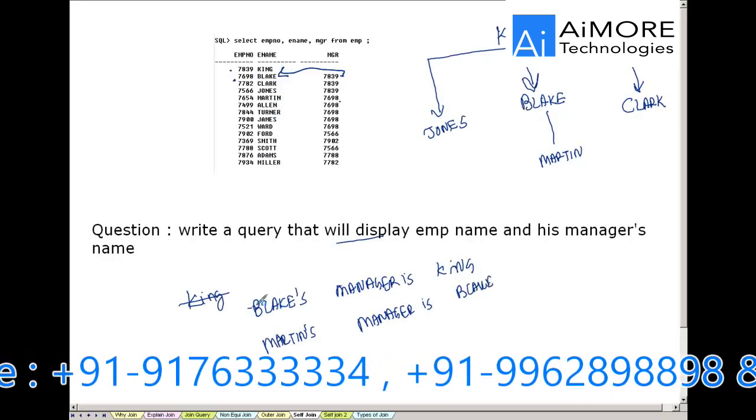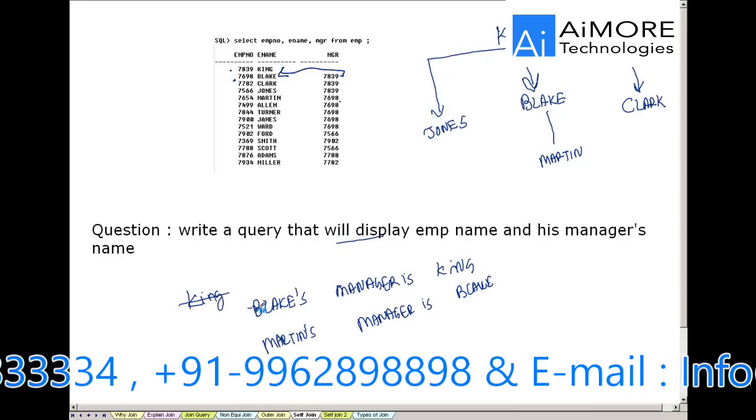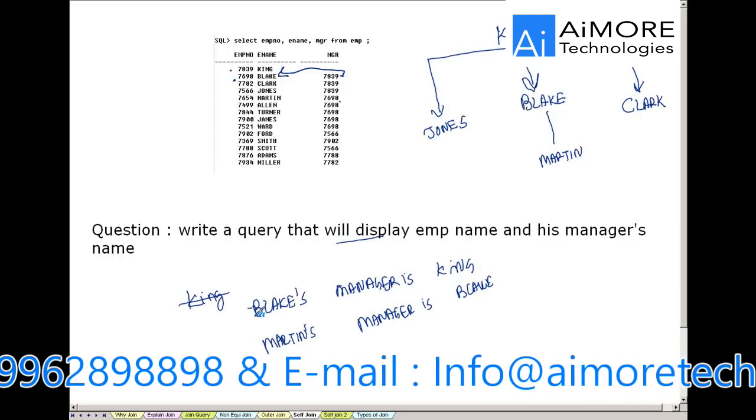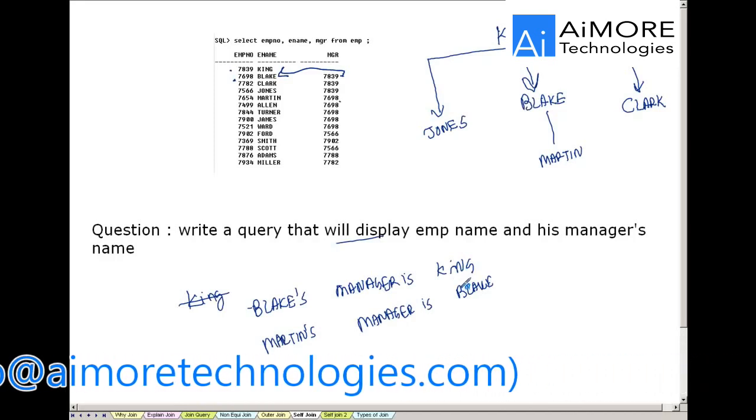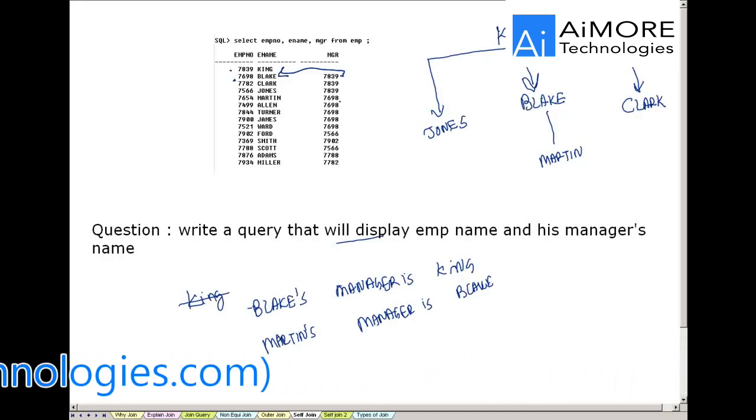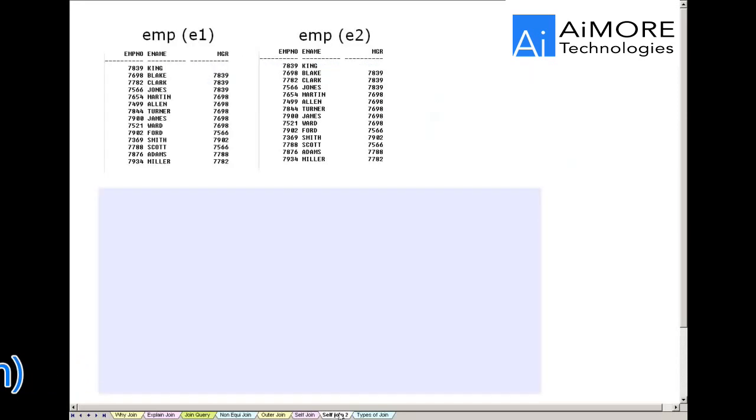So basically what I'm looking for is a query which is going to give me the employee name and their respective managers. Okay, so to solve this problem, let's think about it this way.